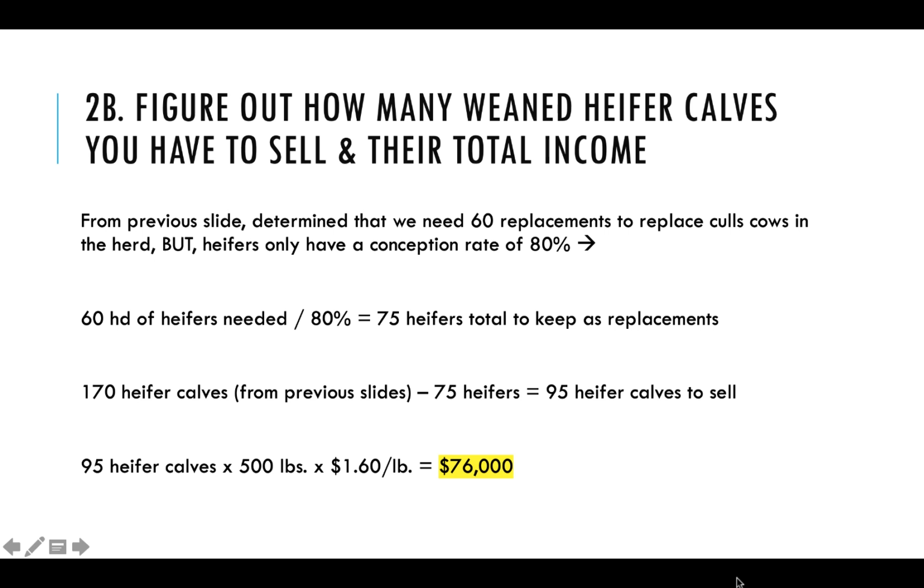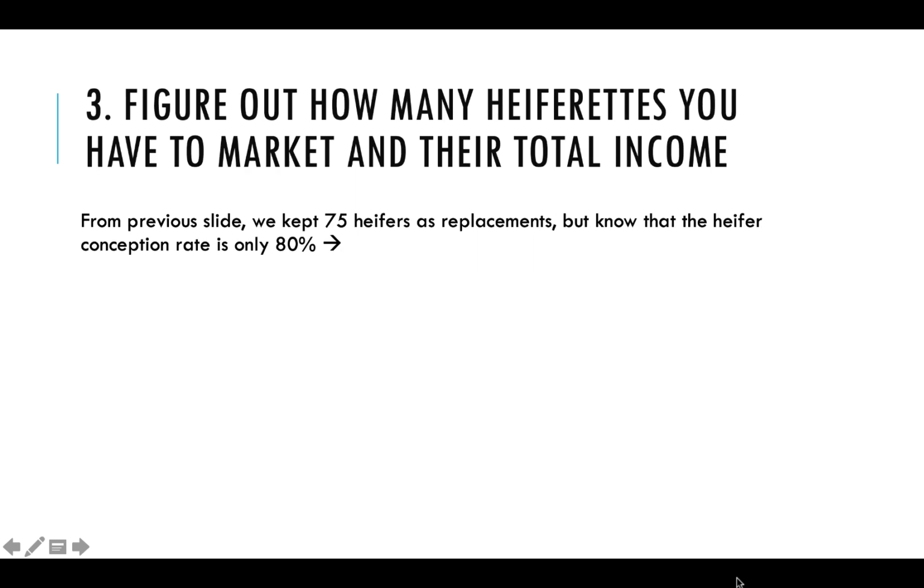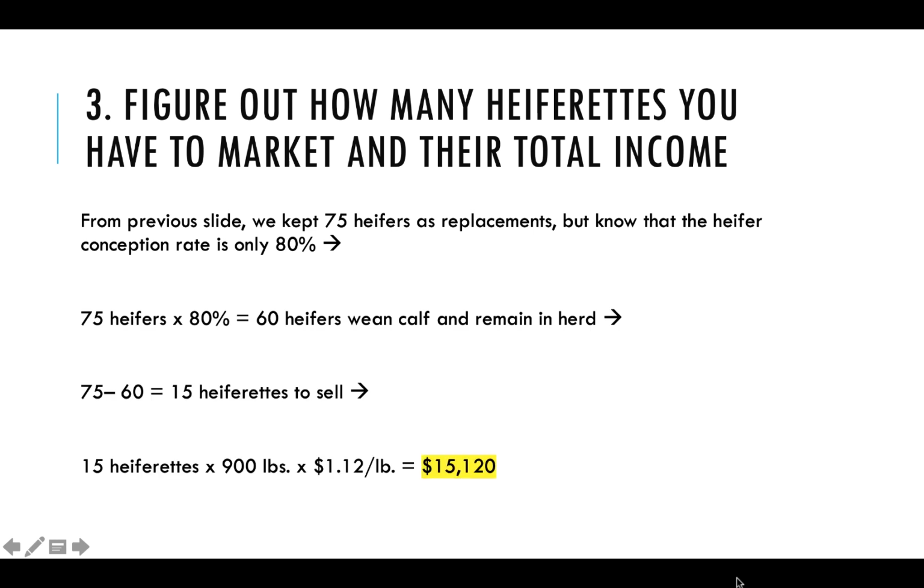All right, so we ended the previous lecture talking about how to figure out the number of heifer calves that we have to sell, in addition to the number of heiferettes that we have to sell. And so we determined that there were 15 heiferettes that just didn't get pregnant or they didn't wean a calf. They weighed approximately 900 pounds and were worth $1.12 a pound, given the information in this scenario.